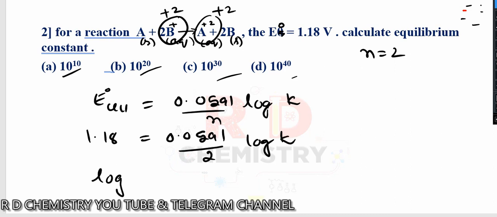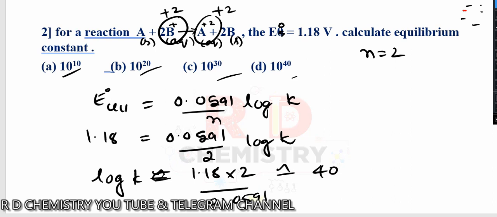Therefore log K will be equal to, see here, 10 power 10, 20, 30, 40, they have done approximation. So I'll be writing approximately. Log K is equal to 1.18 into 2 divided by 0.0591. So this is approximately equal to 40.